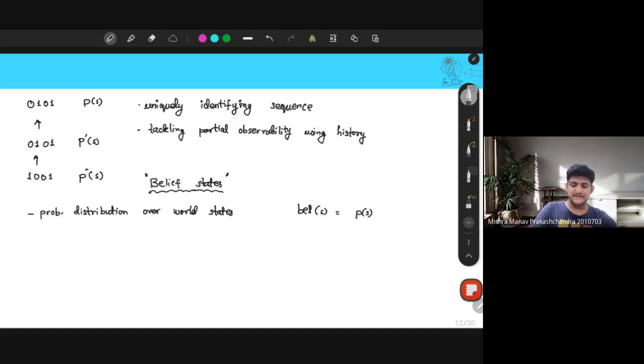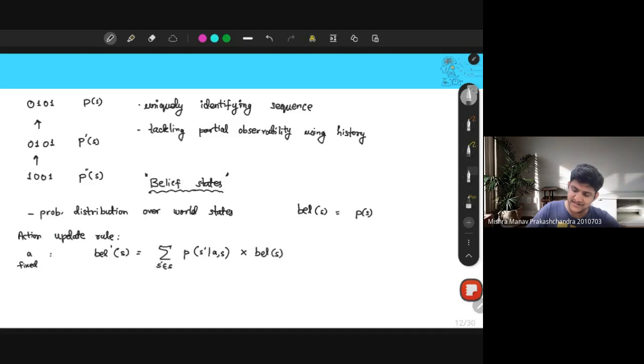Here, my action update rule is, anytime I take an action, so for A fixed, my belief of S prime is simply the summation over all S that I could come from, of the probability of S prime given A comma S, times the previous belief that I had over state S. So based on that, I update my belief for S prime.